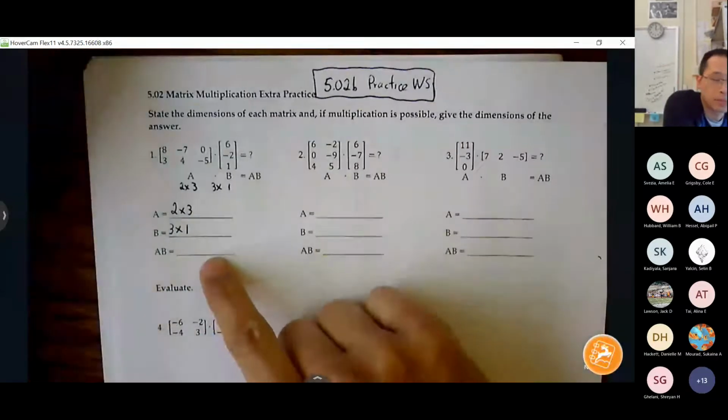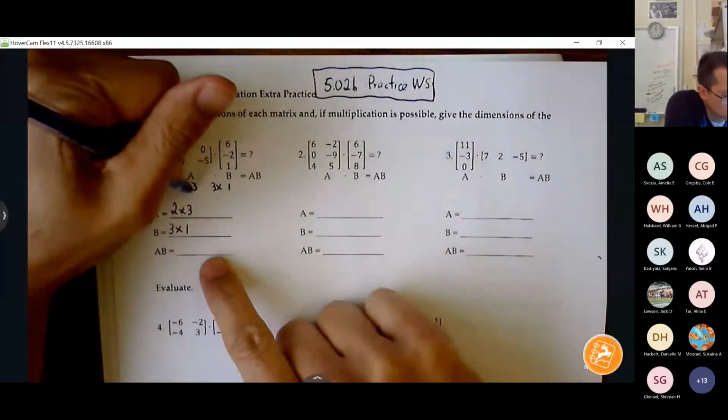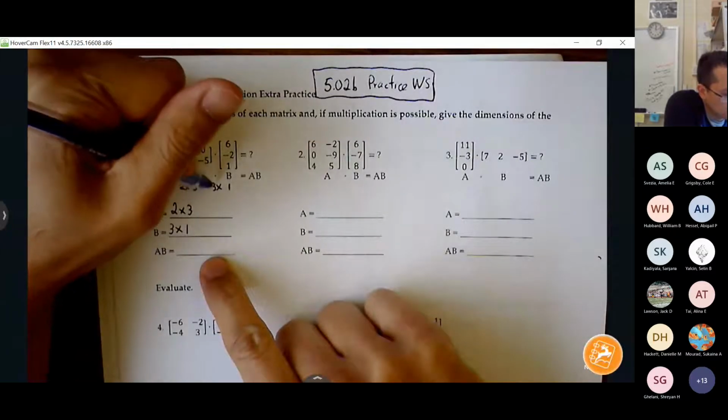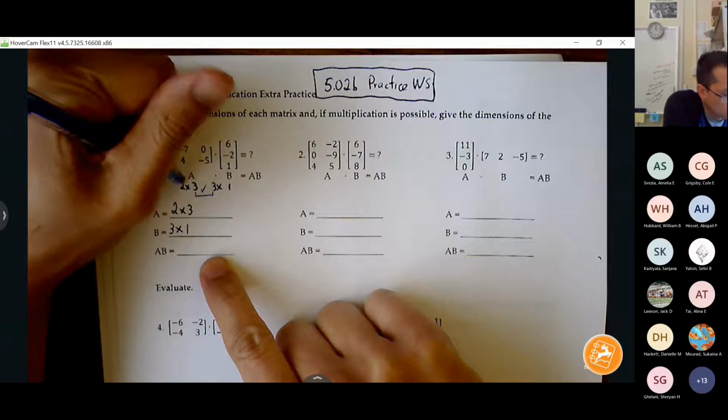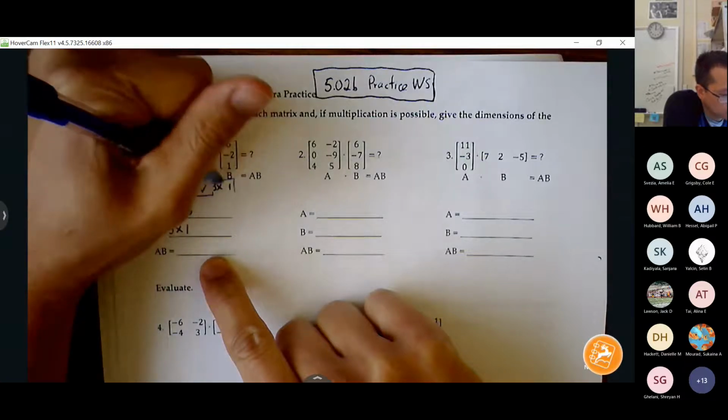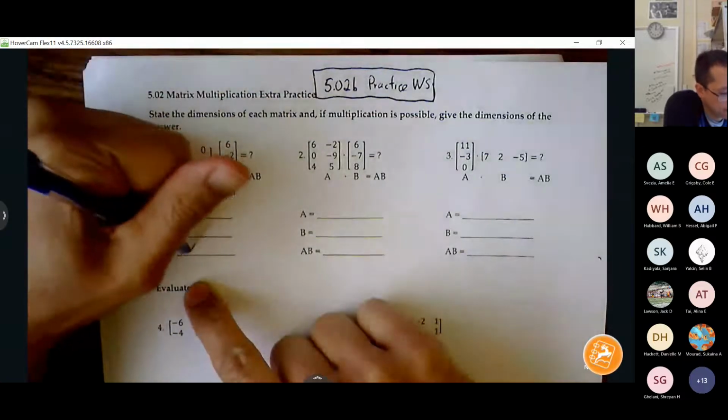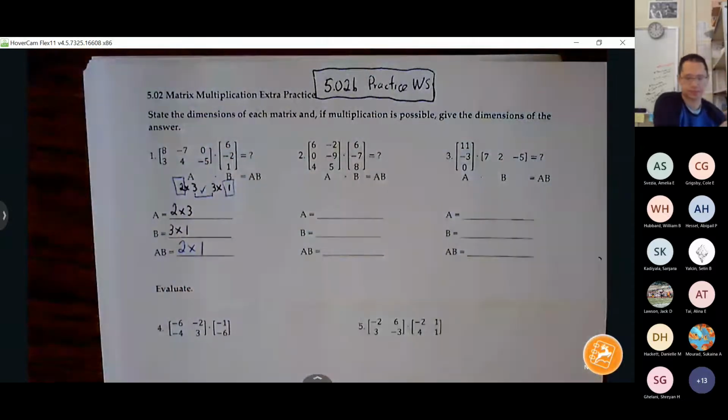The inner dimensions do match: the column of the first matrix must match the row of the second matrix. Because they match, we know our resulting matrix is going to be a 2 by 1. Any questions there? Go ahead and try 2 and 3, and we'll compare our answers.